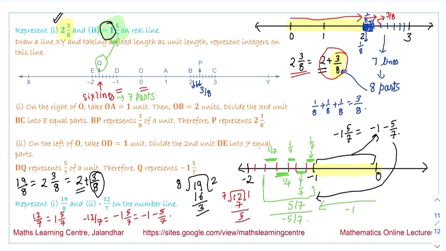It means it will lie on the left hand side. We have to move 1 unit on the left hand side, and after that we have to move minus 5 by 7 units on the left hand side, and this is how we can draw these numbers on the number line.